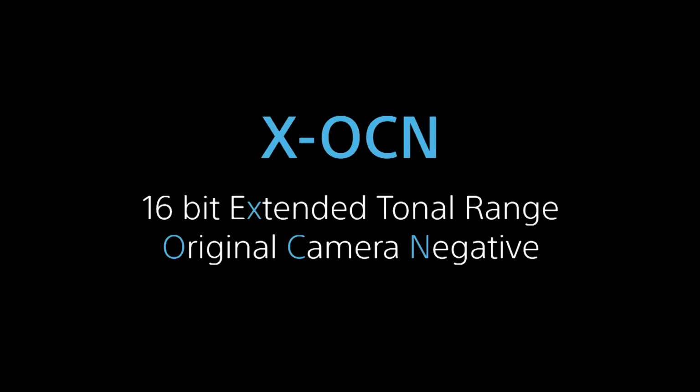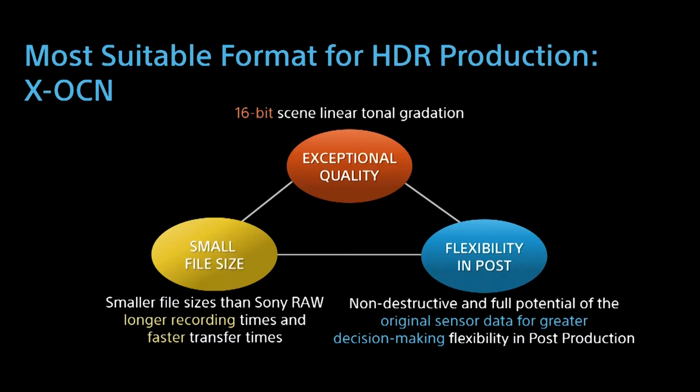All right, let me go into a little bit more detail on XOCN, Extended Tonal Range Original Camera Negative. Once again, this is 16-bit precision. There is no gamma applied to the format. It's exceptional quality.